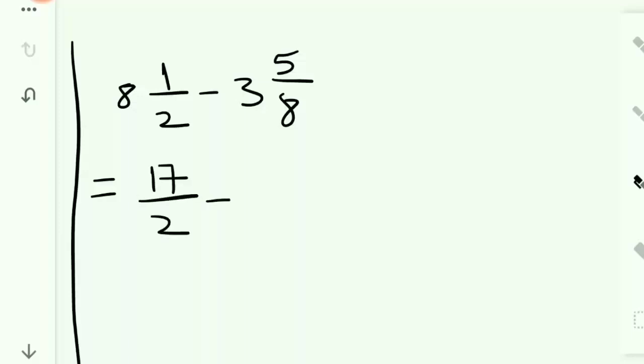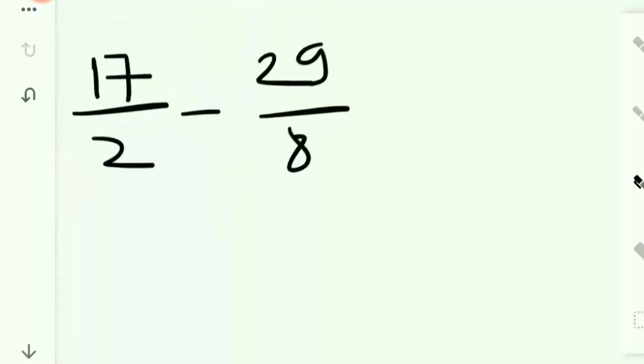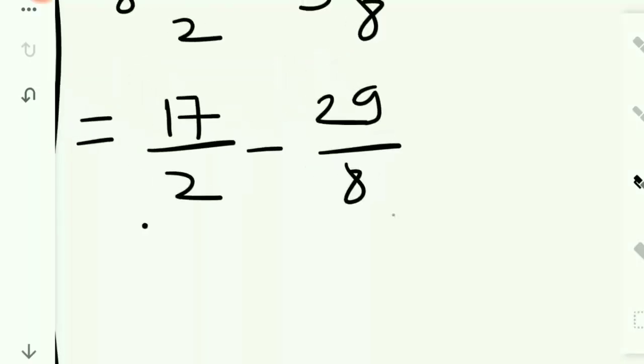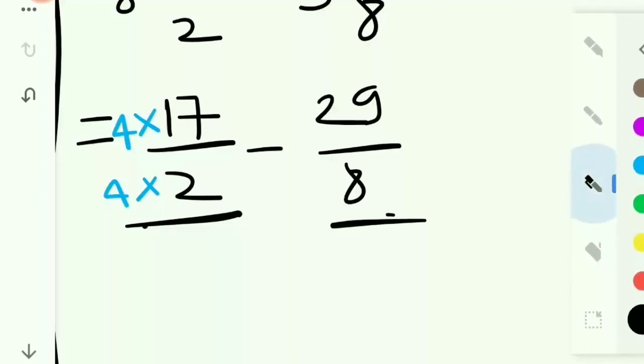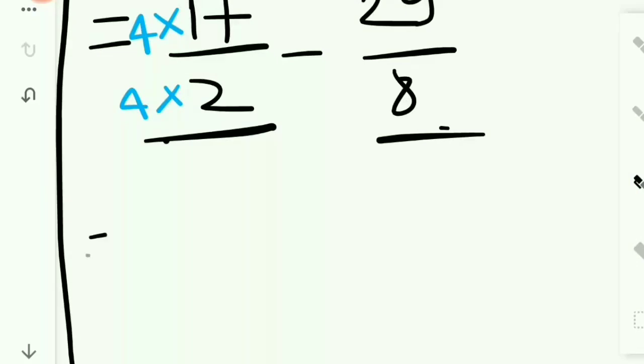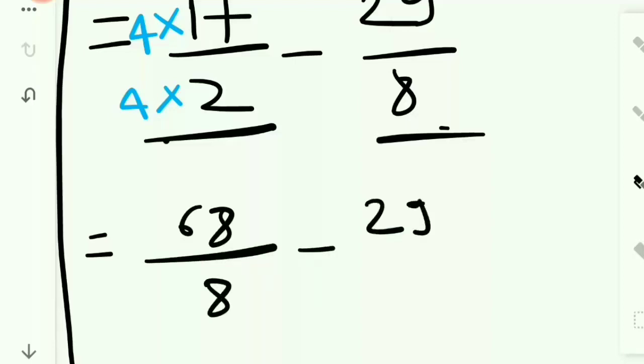Minus 8 3s are 24 plus 5 is 29 by 8. Okay, let's see now. What is the LCM here? 8 is the LCM. So this fraction will be required to be multiplied by 4. So next is 17 fours are 68 upon 8 minus 29 by 8.